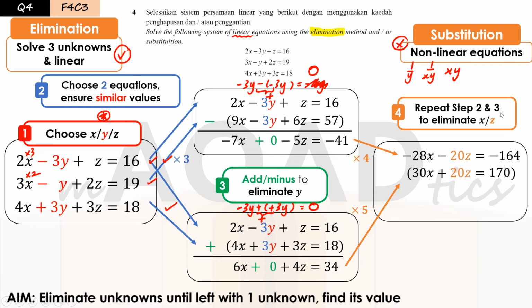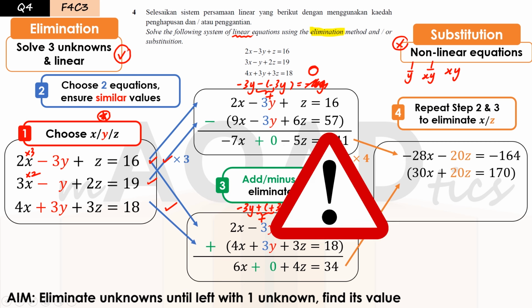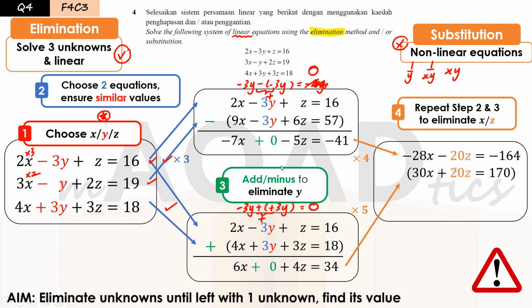Now for step 3, we need to see whether we add or minus to eliminate z. This time, let us not try out add or minus to figure out which is suitable. Let us look at what we have done here and see if there is a pattern, and we apply the pattern.